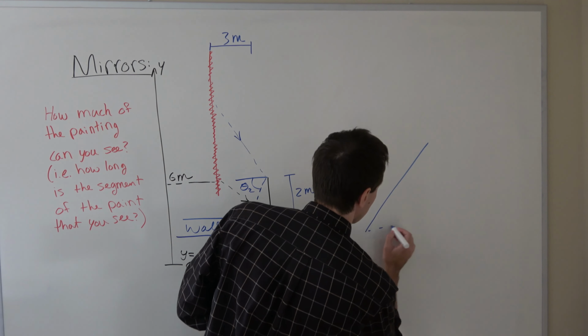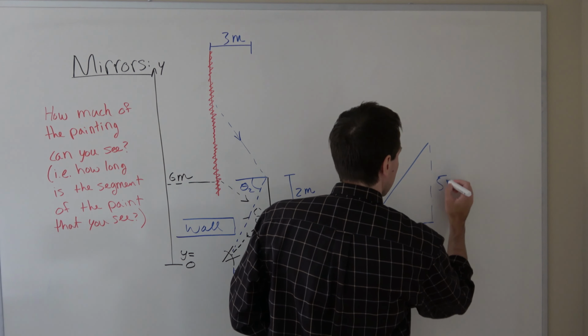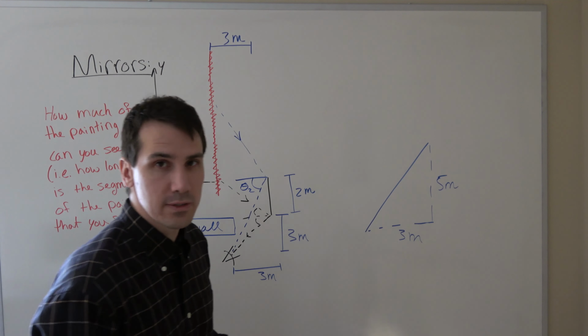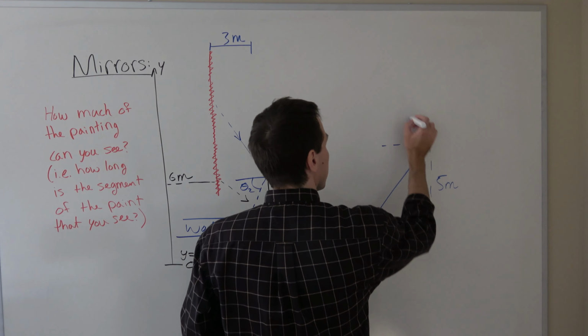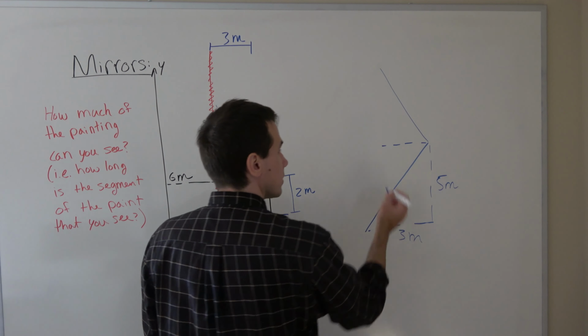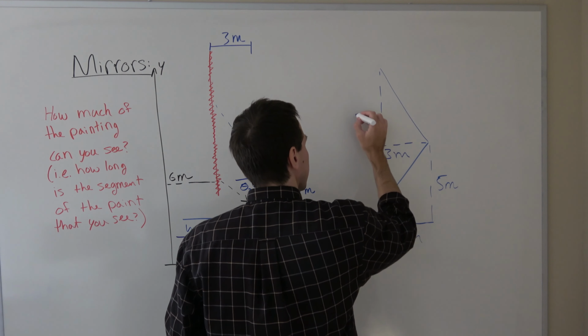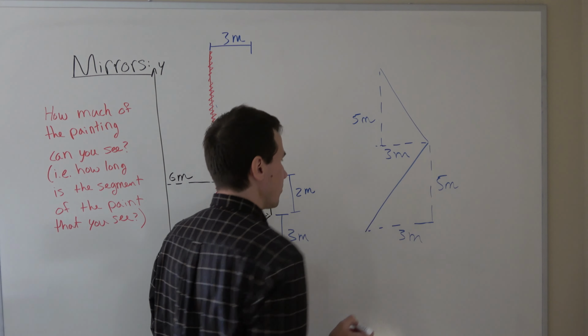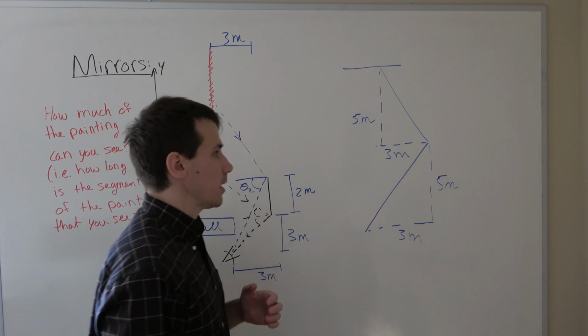We know that it's going to create a triangle that has a base of 3 meters and a side of 5 meters. And that we are going to bounce off the wall and create another triangle which has a base of 3 meters and a height of 5 meters. And what we're looking for is the height of the top of this triangle.